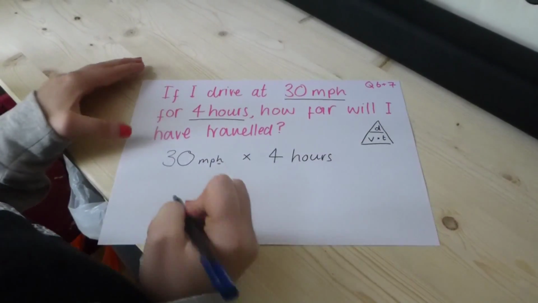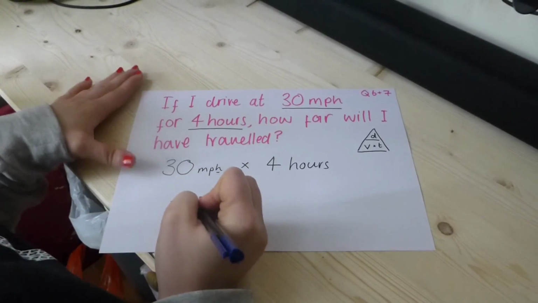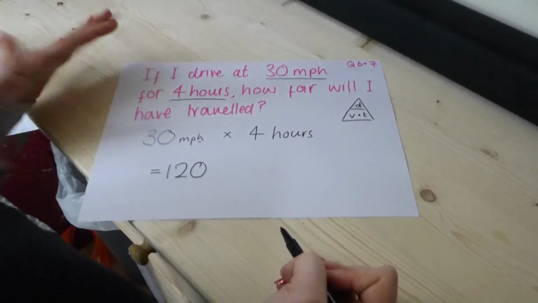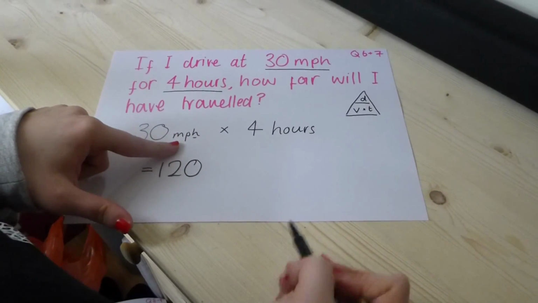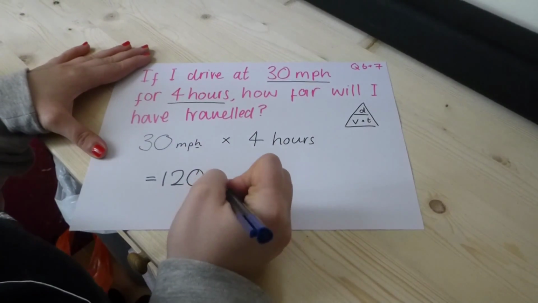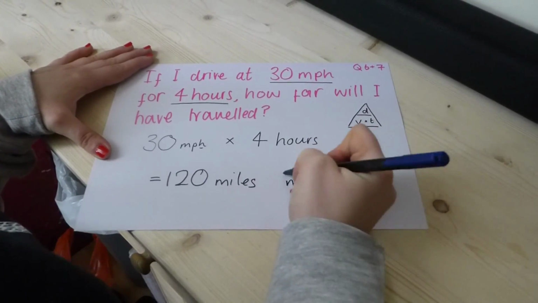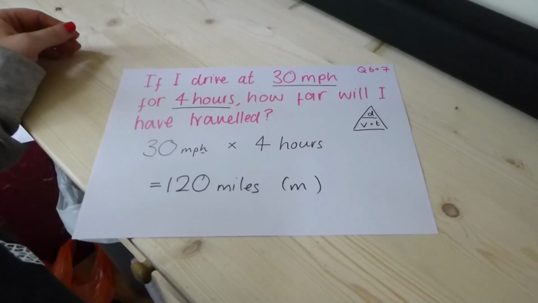So when I do 30 times 4, I'm going to get, so if I do 3 times 4, that's 12, so 30 times 4 is 120. Now I need to figure out my units. This is given in miles per hour, and this is given in hours, so that means the distance that I'm measuring is going to be in miles. Okay, and it's okay if you just write an M as well. So that question is very similar to 6 and 7, so you can have a go at those two now.